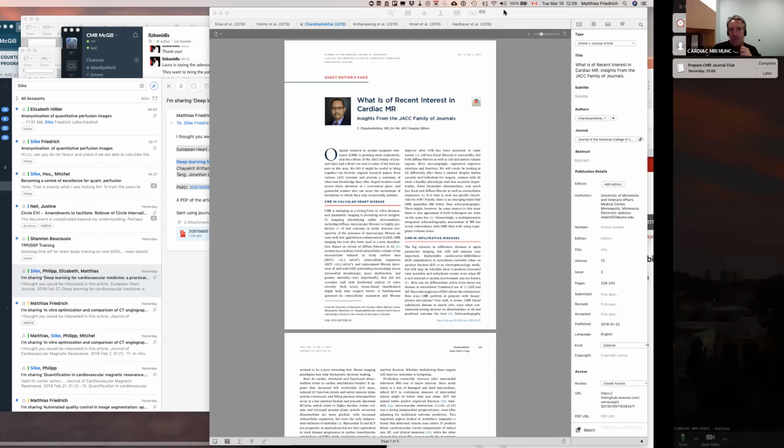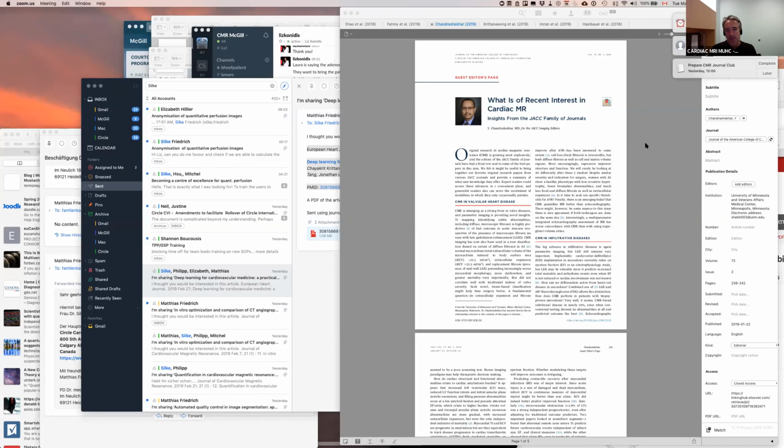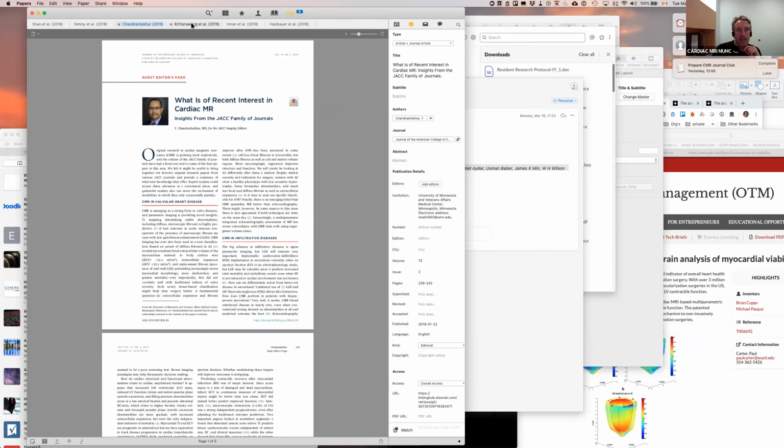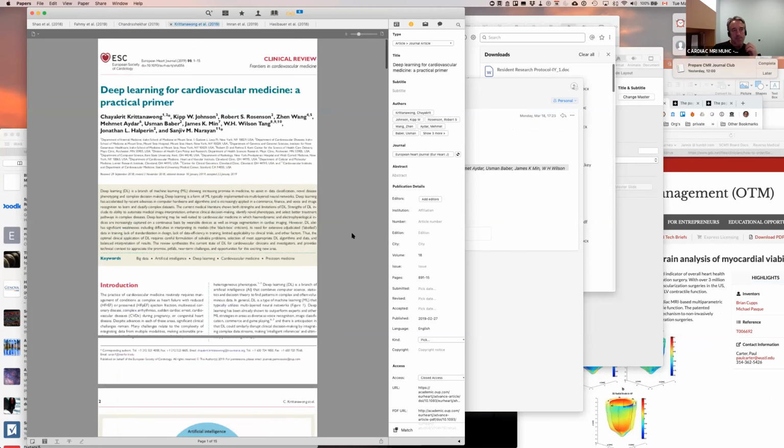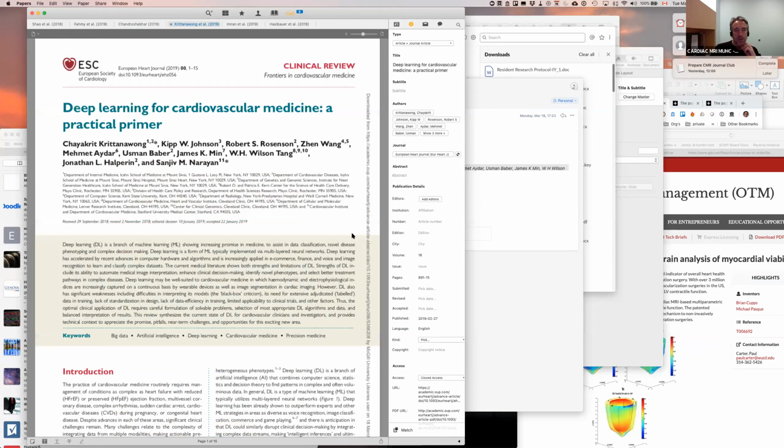And I just want to show two papers. One paper I want to highlight, as you can see here, is a primer for those interested in machine learning or deep learning in cardiovascular medicine.